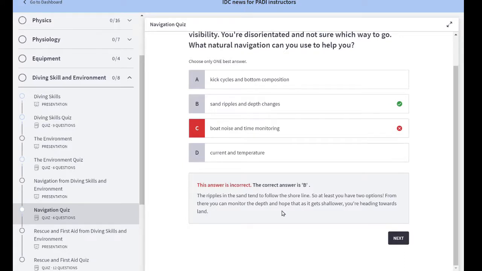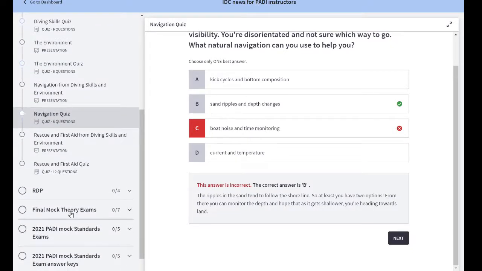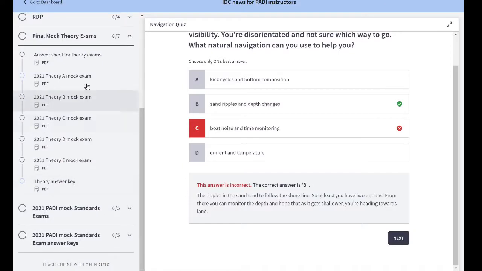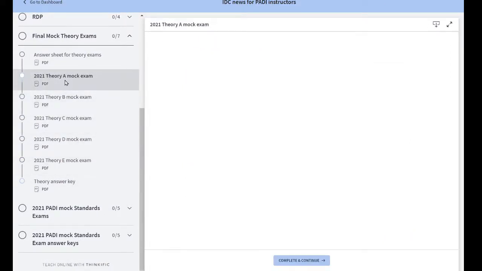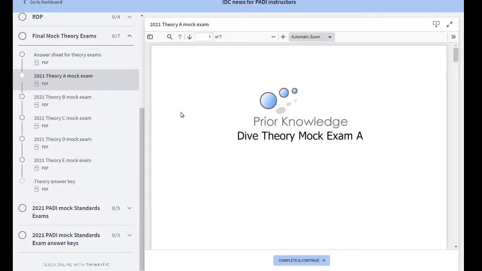So that's great. So you can work through all of those sections, and when you have done, you'll be ready for the final mock theory exams. And we've got 5 here, A, B, C, D and E. And each of these exams is written with the same content and the same format as those exams that you're going to find on your final instructor exam.